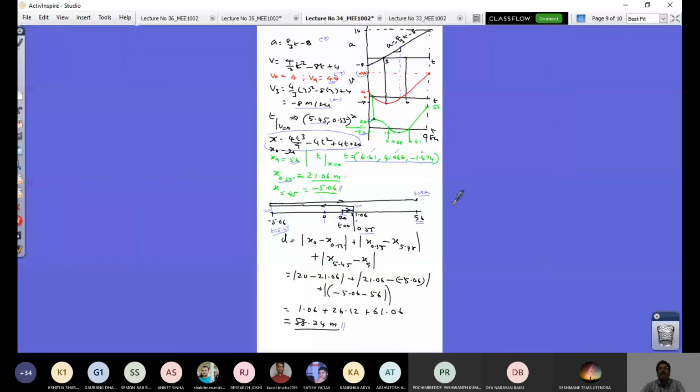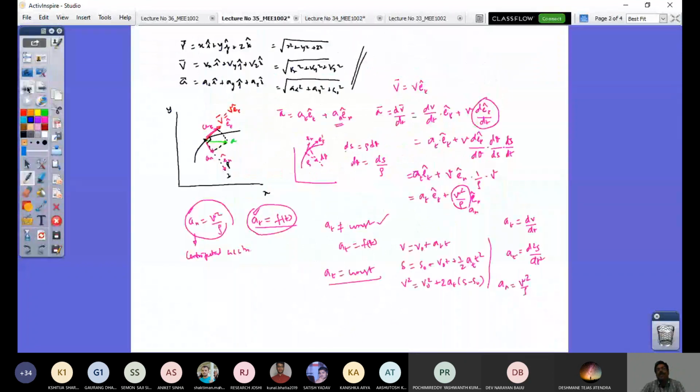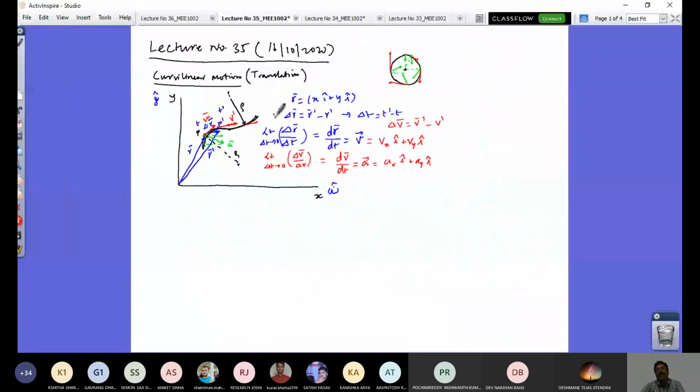In the last class we looked at what we mean by curvilinear motion. Curvilinear motion is translatory motion, wherein velocity can be constant, but it is still an accelerated body, because to maintain the direction, an important component of acceleration along its radius of curvature has to exist.